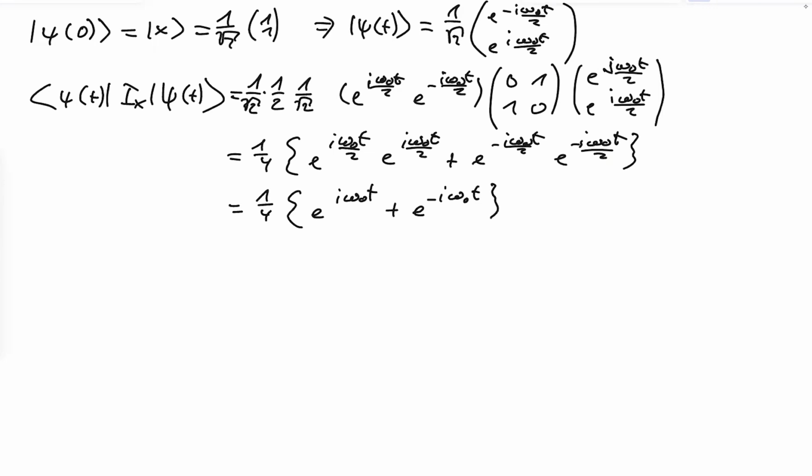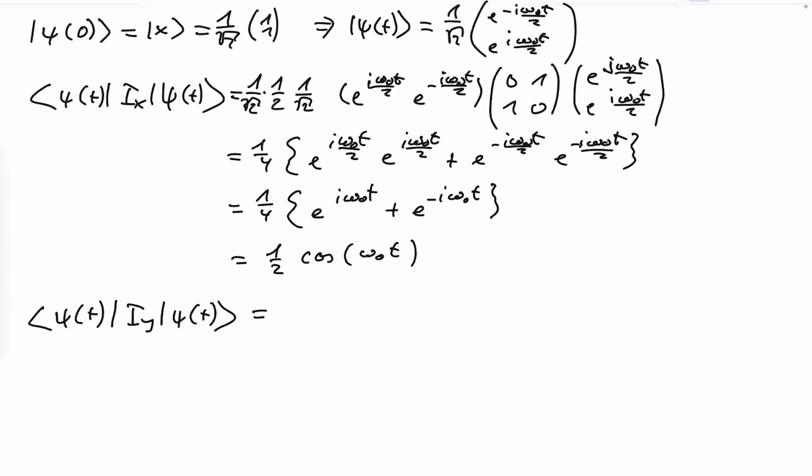And now, if you know trigonometric functions, then this equals simply 1/2 cosine of omega 0 t. Now we can do the very same calculation for psi of t with Iy and psi of t. I will not write it explicitly, but you can do the math yourself. And then you get 1/2 sine of omega 0 t.